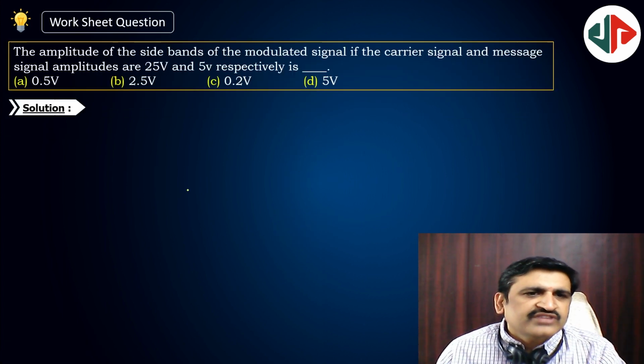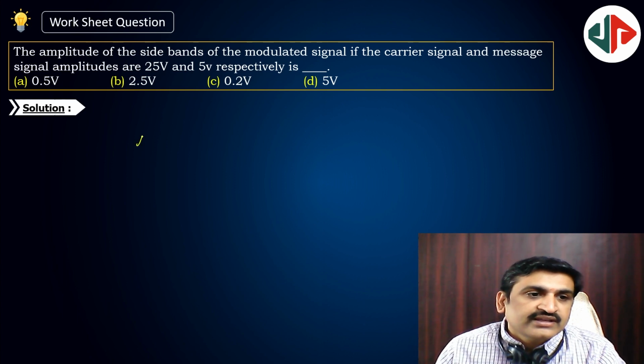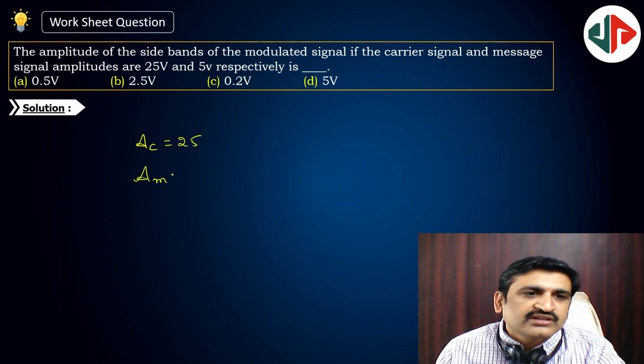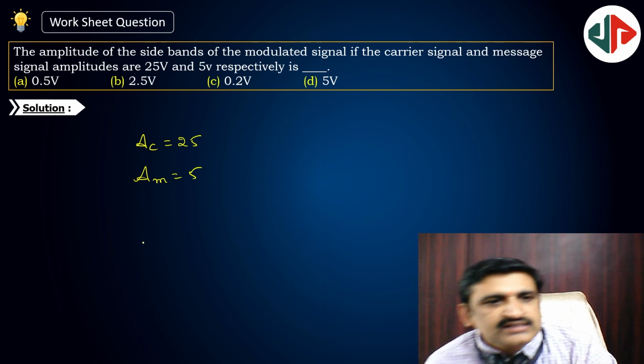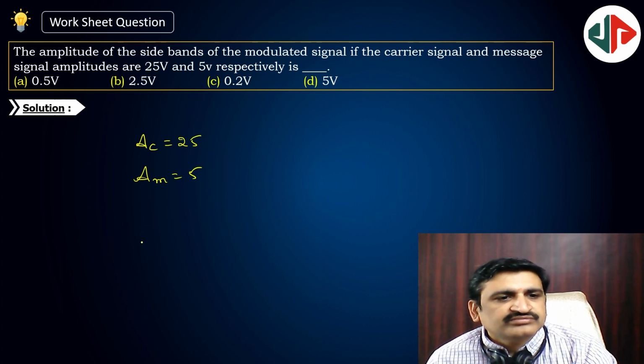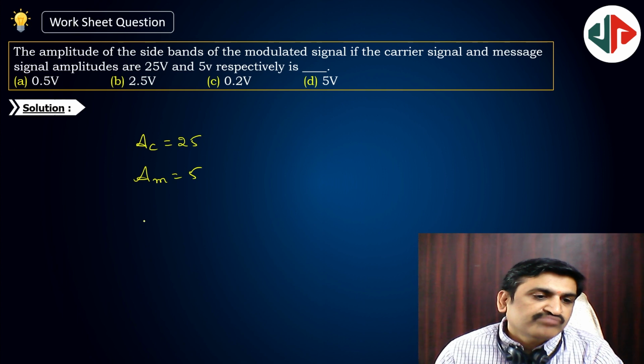The amplitude of sidebands of the modulated signal: the carrier signal and message signal amplitudes are 25 volt and 5 volt respectively. Carrier is always larger and message usually smaller. Then the sideband amplitudes are mu Ac by 2.